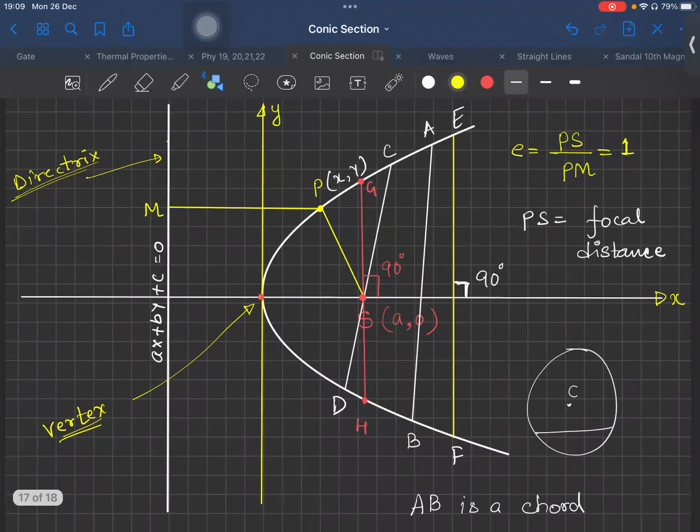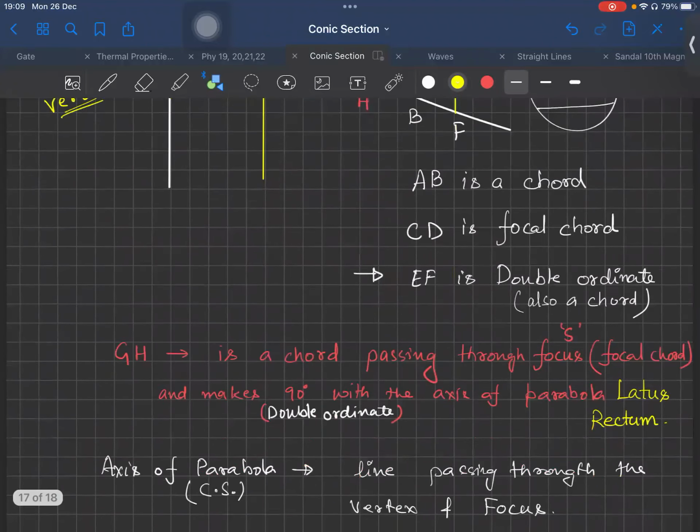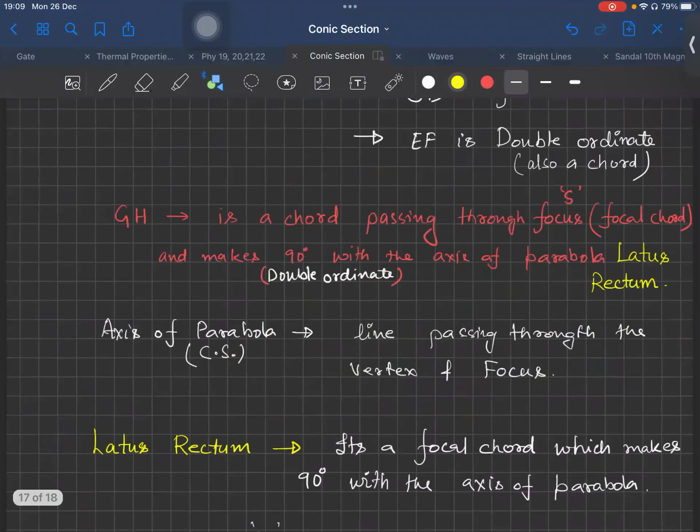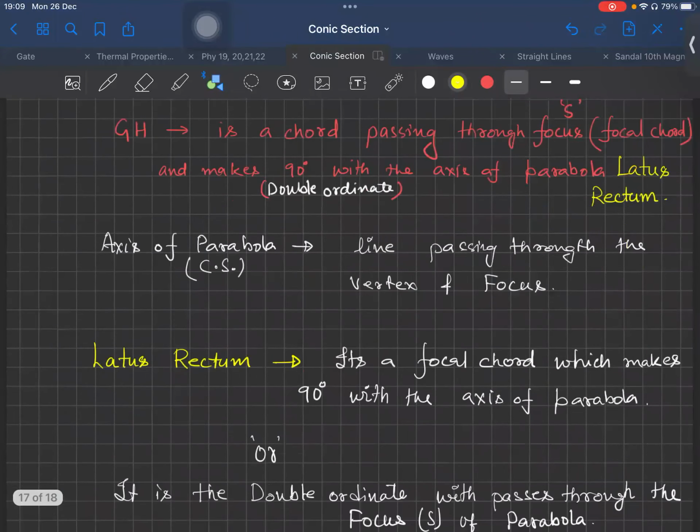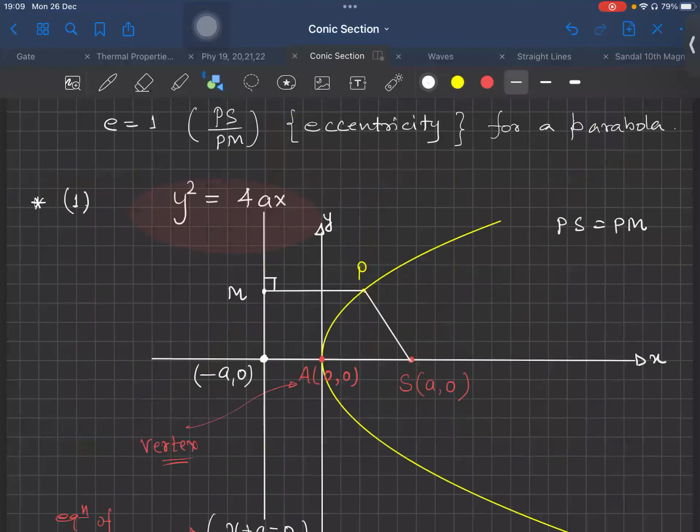Okay, see, the latus rectum is a focal chord. So you have to draw a line through the focus. If you draw a line through the focus which is perpendicular to the axis, that is called your latus rectum. That means it will make 90 degrees. So this line is the latus rectum.